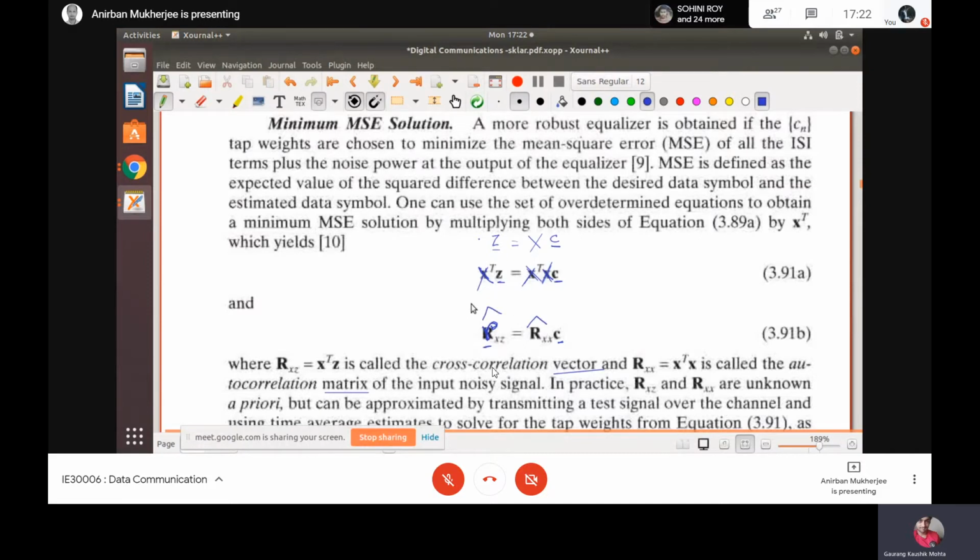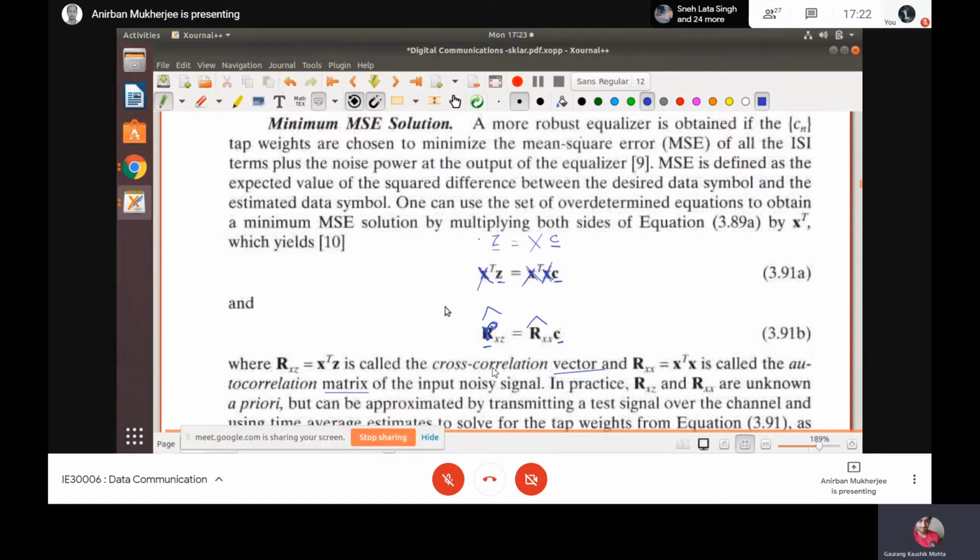Okay. So what is the expectation of X? Expectation of X is something like the summation of Xn, divided by n, as n tends to infinity. But I have only one data point. How will you estimate that? How will you calculate expectation?